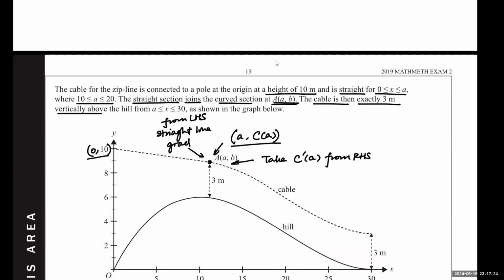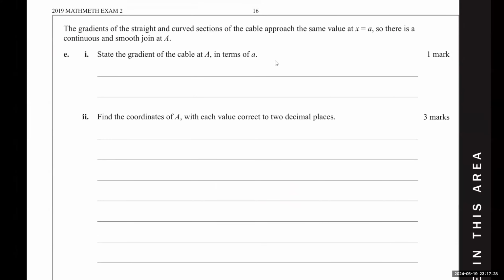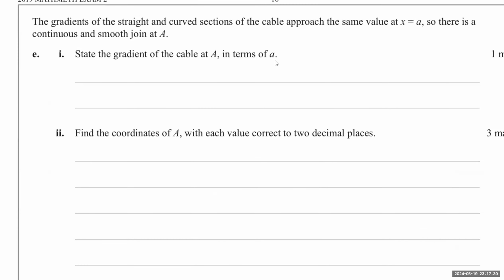And there is a smooth drawing whatsoever. Look, the gradient of the cable at a in terms of a. So it has to be fully in terms of a. Now, what I'm going to do is try to find the coordinate of a by equating the gradient, like the a value, then sub into c of x, which is c of a.